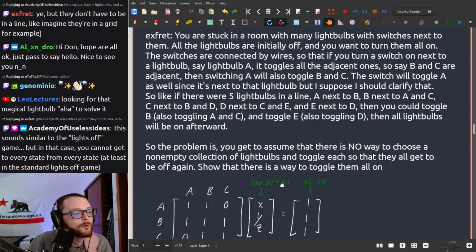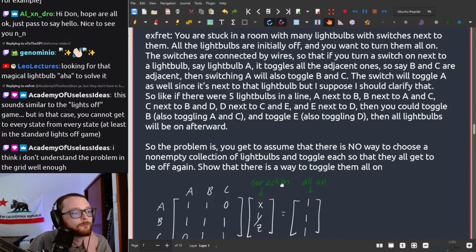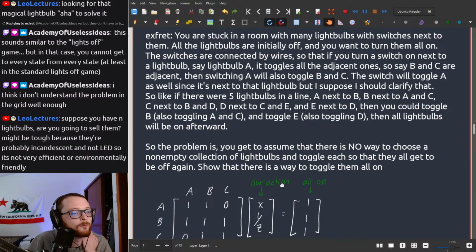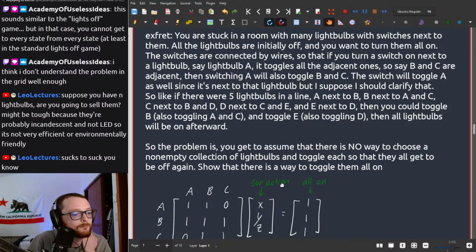What you want to check is that the vectors given by having 3 consecutive ones form a basis. I'm not sure what that last sentence means. So similar to the lights off game, you cannot get every state from every state.